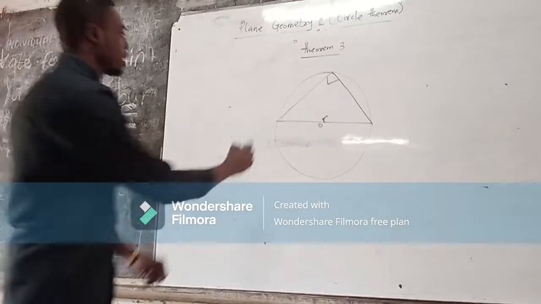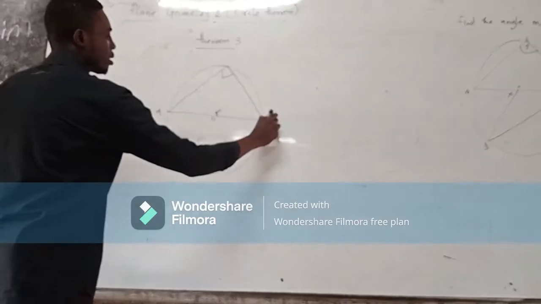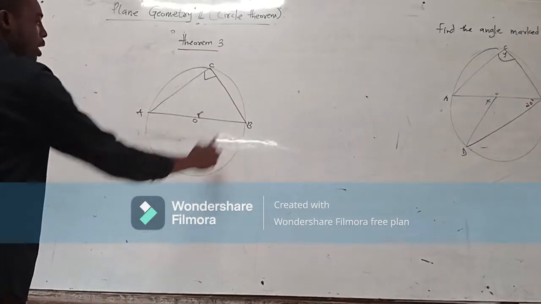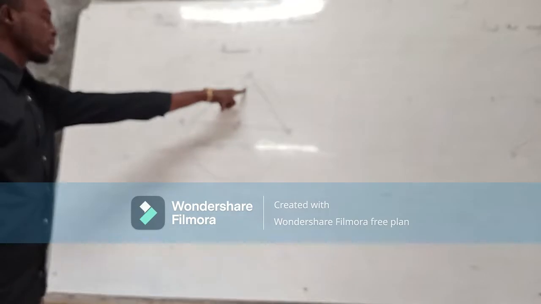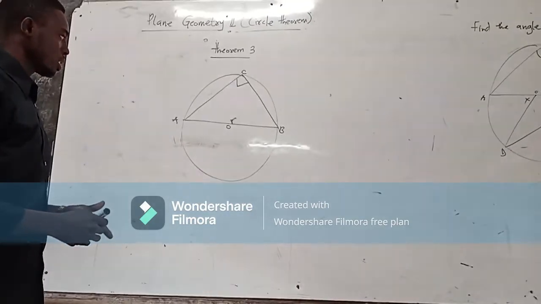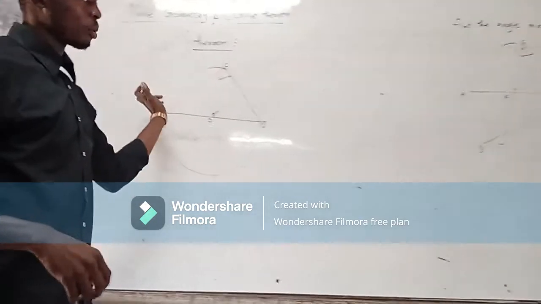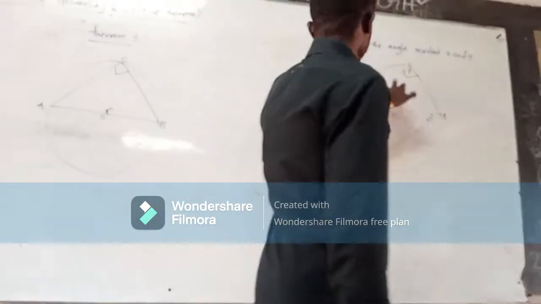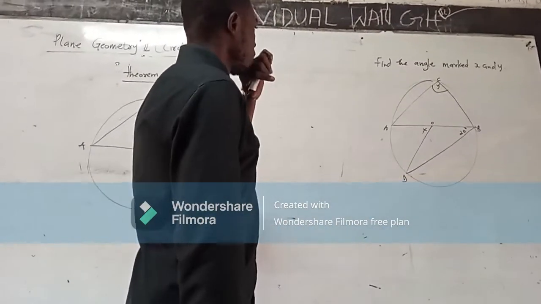We are going to apply this if you have A, B, and C. The diameter AB helps us to get this place to be 90 degrees. Let's try to apply that one to solve this question.